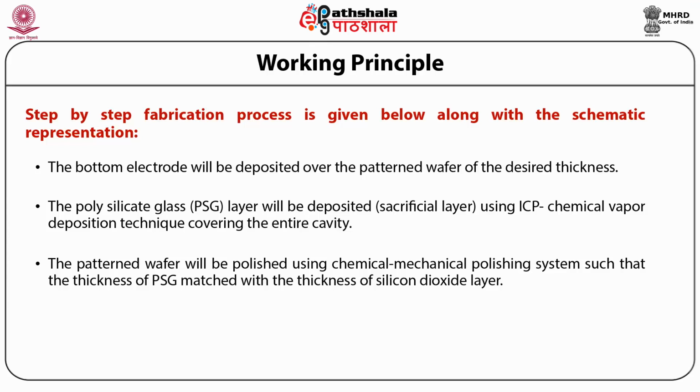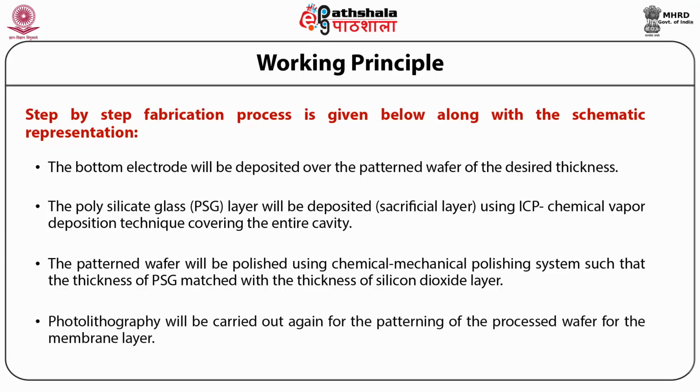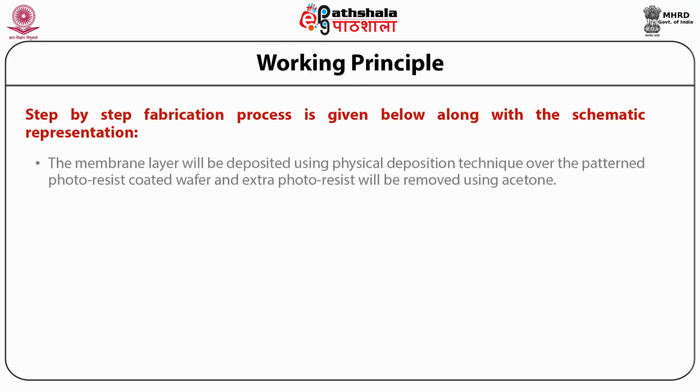Now the PSG layer is present only over the metal electrode in the cavity, which you can see in the figures. After this, photolithography will be carried out again for patterning of the processed wafer for the membrane layer formation. The membrane layer will be deposited using a physical deposition technique over the patterned photoresist coated wafers, and the extra photoresist will be removed using acetone.